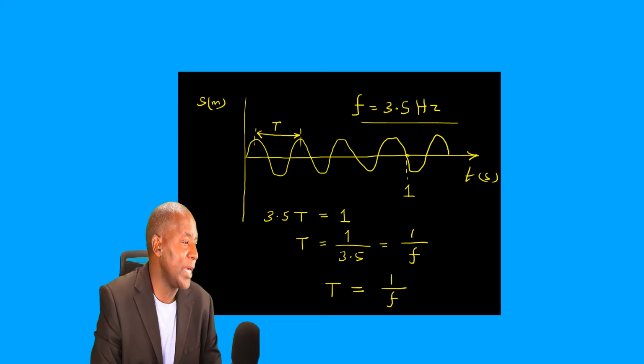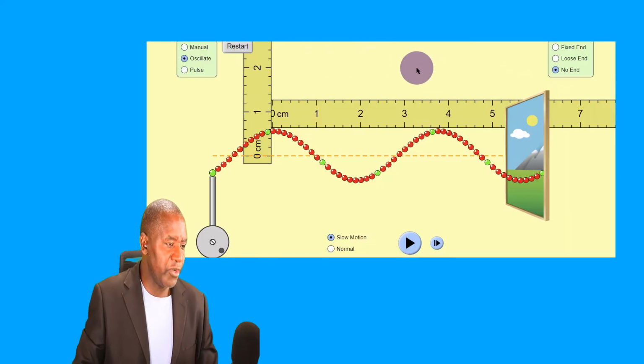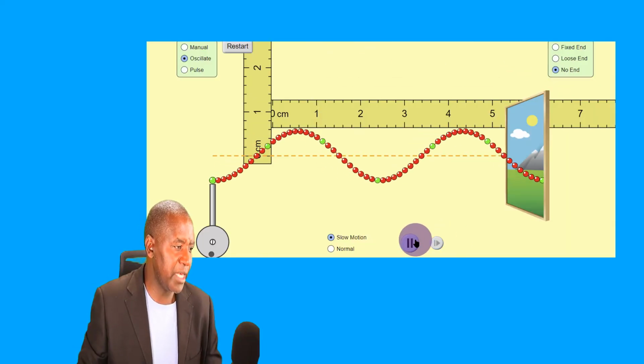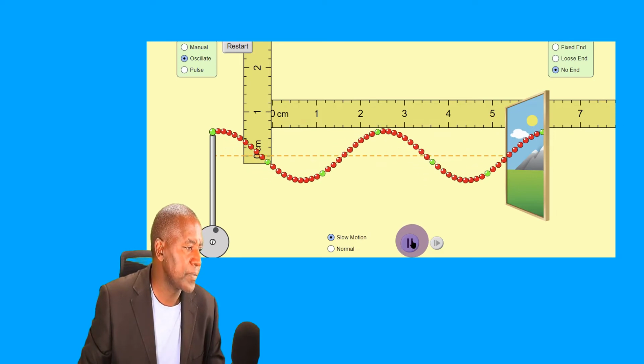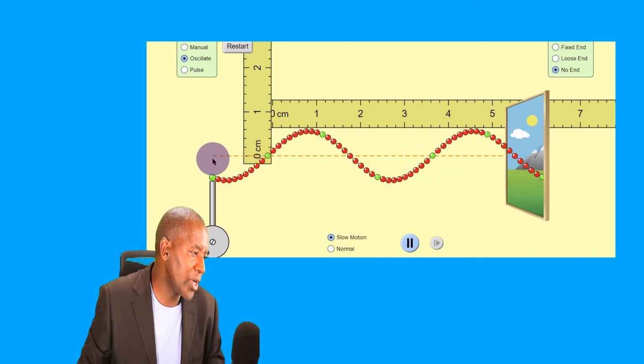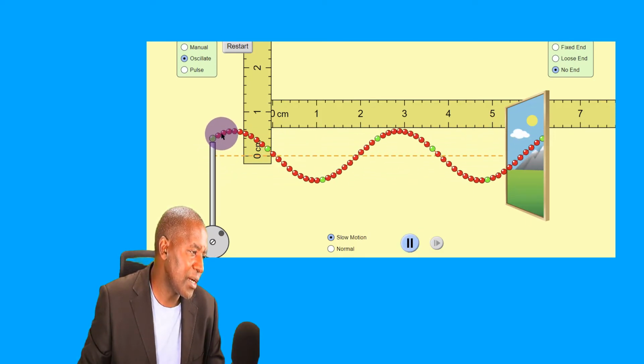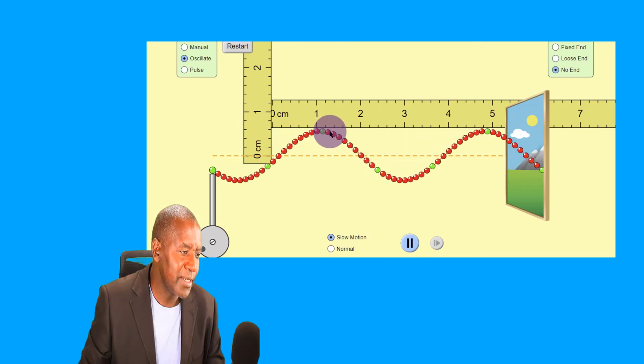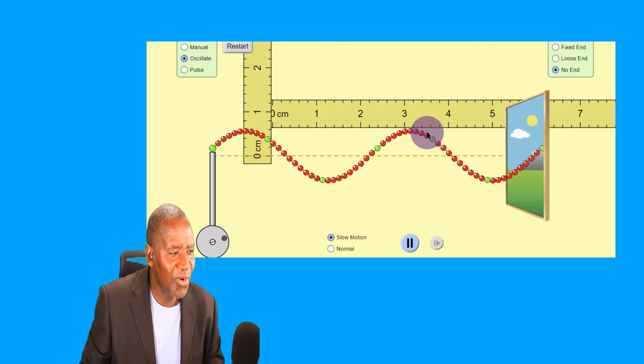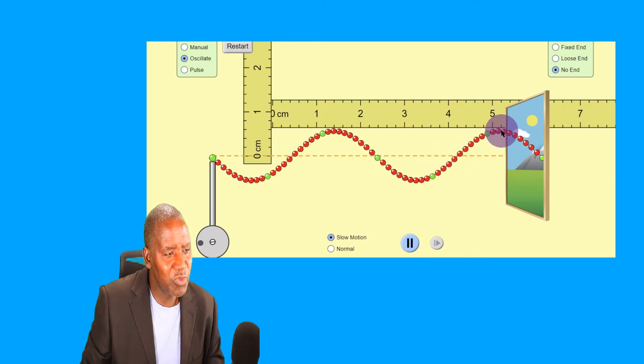Now let us go ahead and look at another characteristic which is referred to as the speed of the wave. Now, let me get that one traveling. And probably I'm going to look at this point when there is that crest, it travels like that, all the way until it comes to some point here.